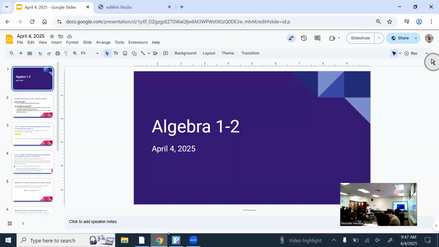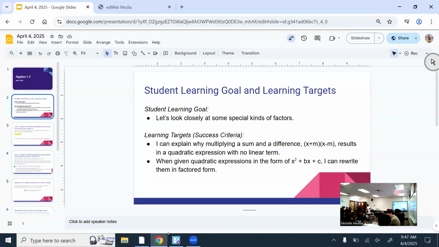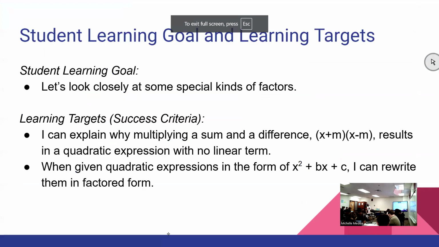Okay, so what we'll do today. We are on lesson 8 of unit 7, which is looking closely at some special kinds of factors. We've been factoring a lot. We've been doing trinomials, we've been doing GCF. What we're covering today, difference of squares, is just another one of those things. You're supposed to be able to identify them to know how to factor them.